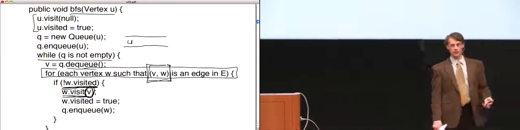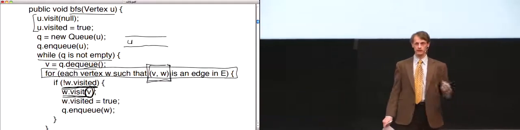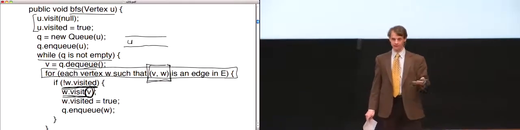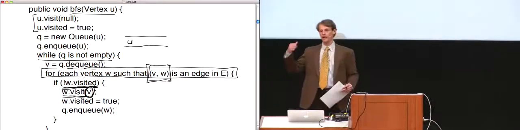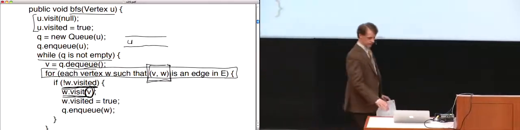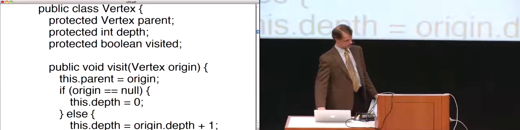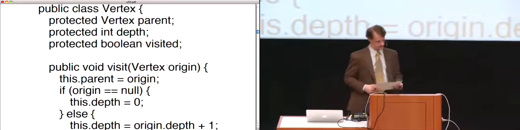When I visit W, I'm going to pass in V, the vertex that allowed me to find W. And I'm going to use that information. There are lots of different things you could do with a breadth first search routine, but one of them is to do this pseudocode here.